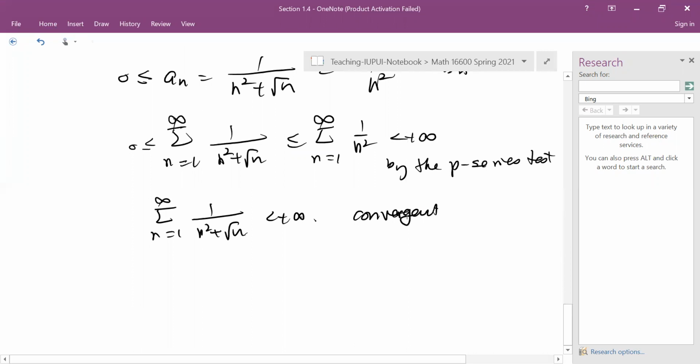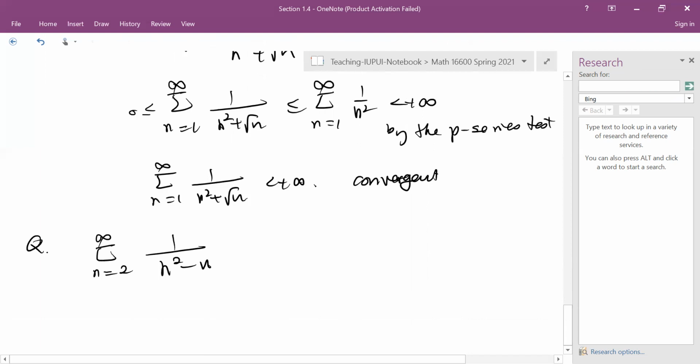Now the trouble here is, here's another one. Think about how to do it. This is a good example to show you whether we should use an integral test or a comparison test. Here n starts from 2.